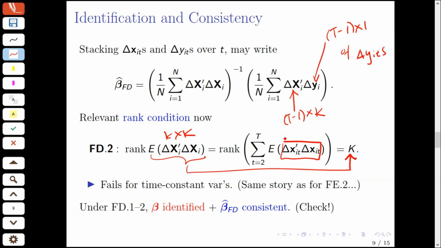And since we can pull the expectation inside the sum, we see that the relevant rank condition can also be stated as the sum of the expected outer product of the period-specific regressors having rank equal to K.